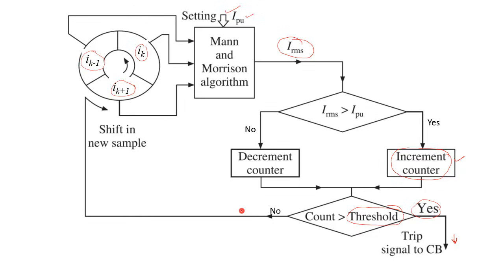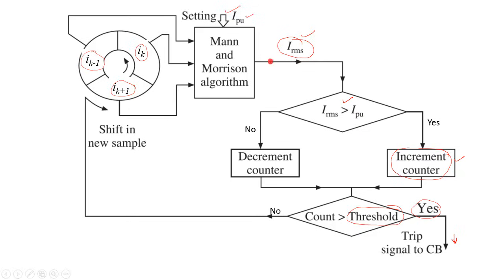If it is no, then obviously it will shift out the oldest value and a new value is entered, and with the newest value it will calculate the RMS value again. Again the RMS value will be compared with the pickup value. If yes, the counter will increase, like that.